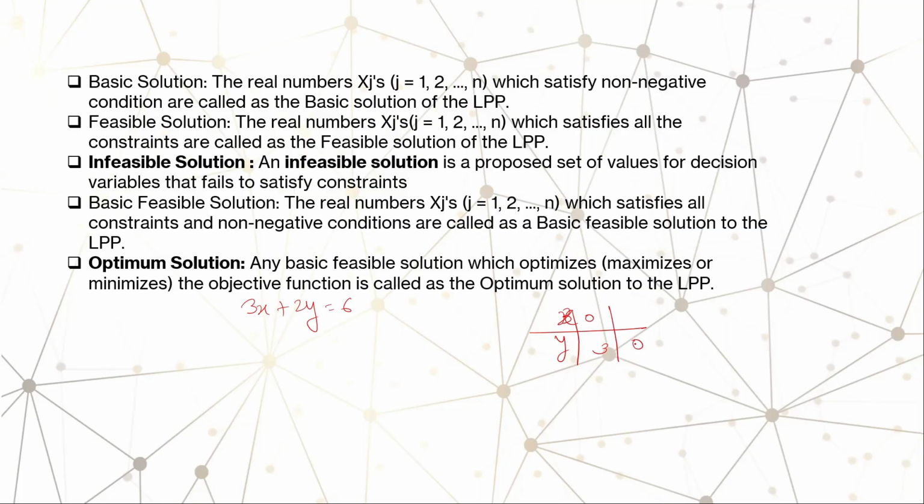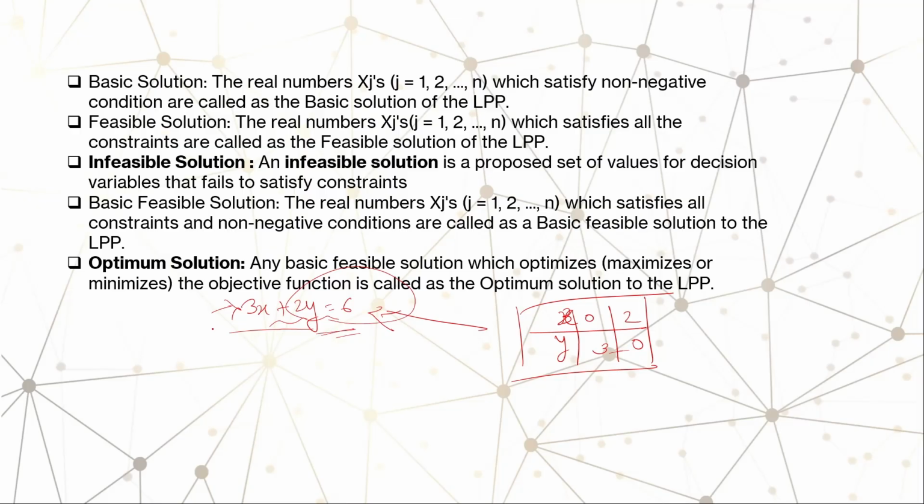If your y equals 0, your x equals 2. So these are the solutions for this equation, 3x plus 2y equals 6. These are the basic solutions of this equation.